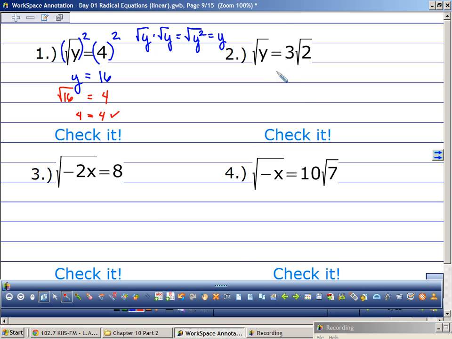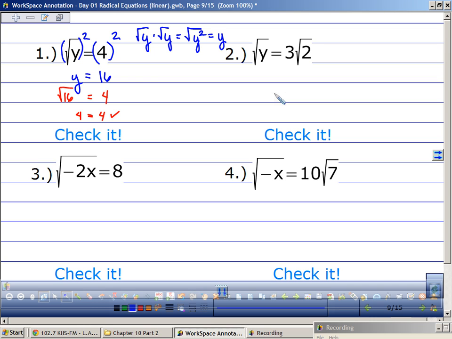Let's do number 2. Is there any operation that I can perform other than squaring both sides? Nothing I can do to both sides, right? So I'm going to square both sides. When I square a square root, I just get y.